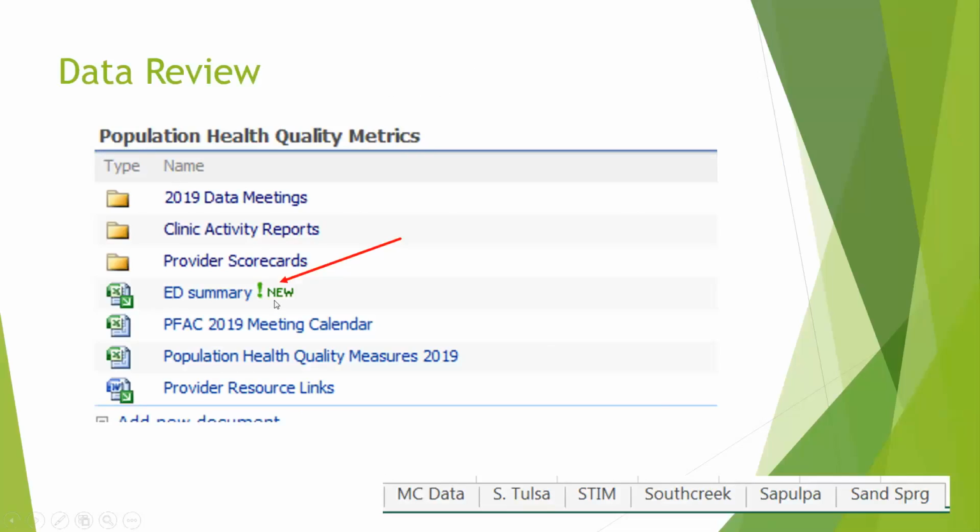It will say New. Currently it's checked out to me. I don't want you changing the data, but you can view it and find those patients' names. You can click into that and you'll be able to see the report.